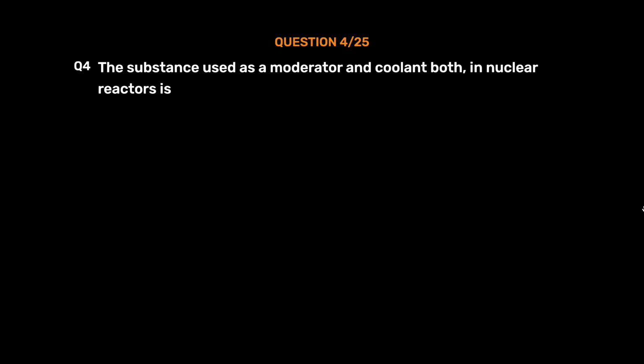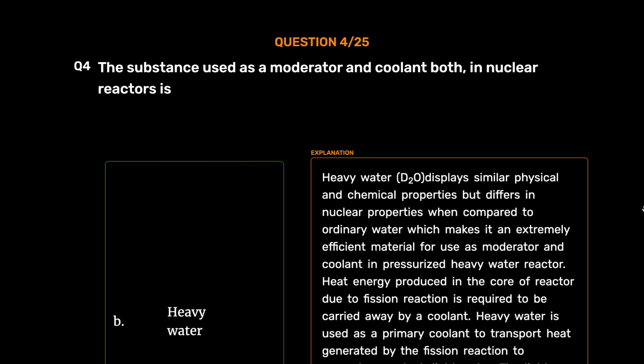Heavy water. Heavy water, D2O, displays similar physical and chemical properties but differs in nuclear properties when compared to ordinary water, which makes it an extremely efficient material for use as moderator and coolant in pressurized heavy water reactor. Heat energy produced in the core of reactor due to fission reaction is required to be carried away by a coolant.